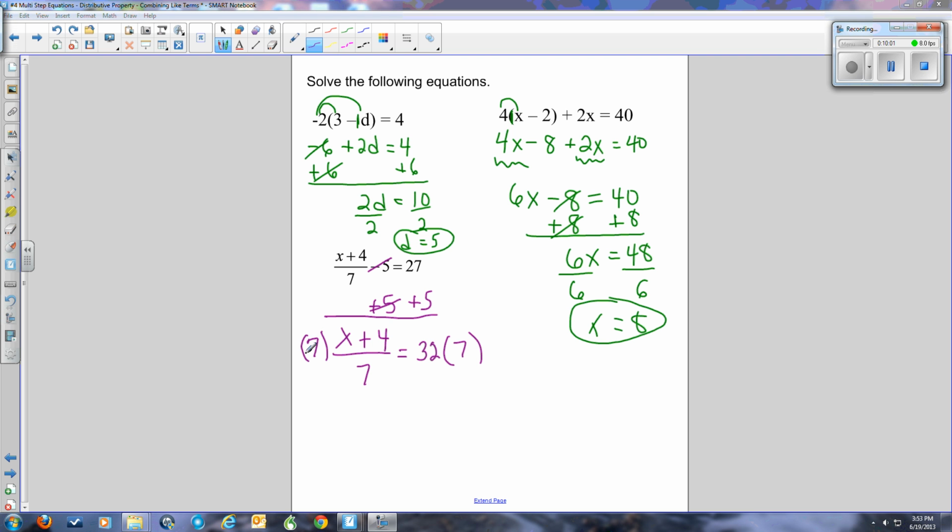On the left-hand side, your 7s are going to cancel out. And on the right-hand side, we're actually going to say 32 times 7. So we're going to have x plus 4 equals 224.